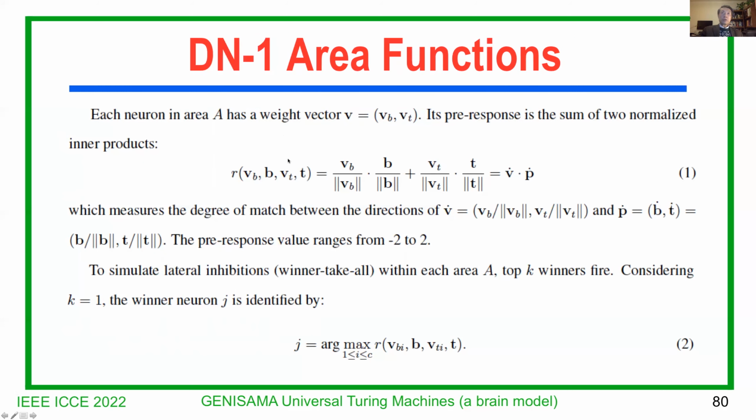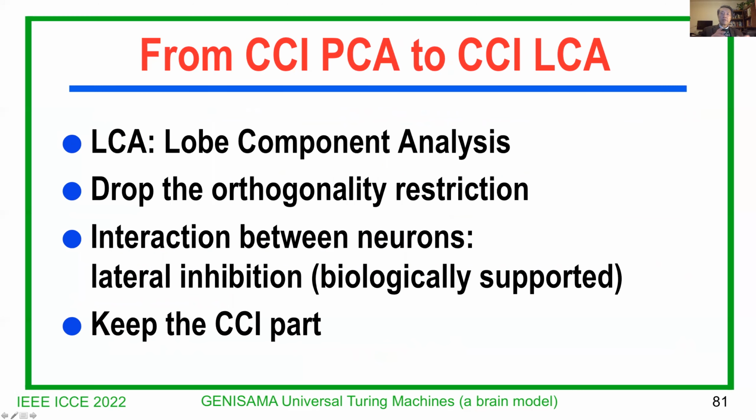We will still use this formulation, but we don't require the features to be orthogonal. We drop the orthogonality restriction because neurons for different features don't really have to be orthogonal. Principal component analysis is mathematical but not biological. And we use lateral inhibition to simulate biological inhibition.